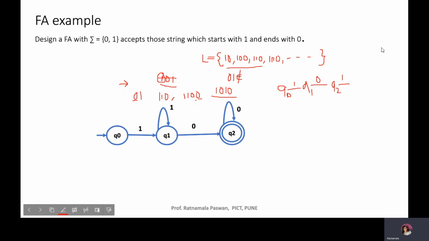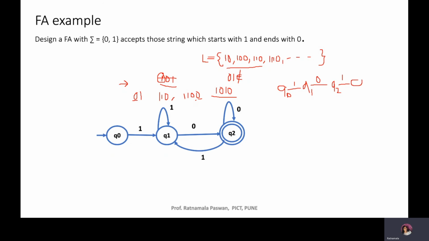So what we need to consider here is that for the next 1, this FA should go back to Q1, right? If we have this transition, then we can accept all such strings.